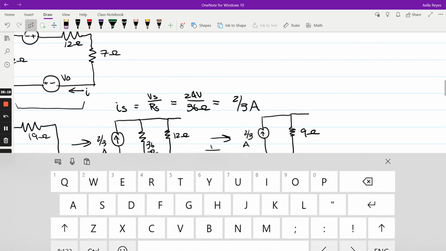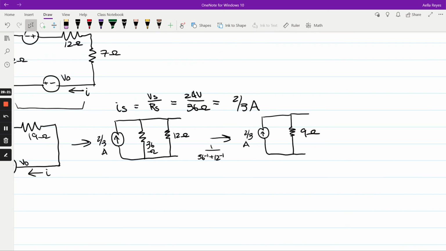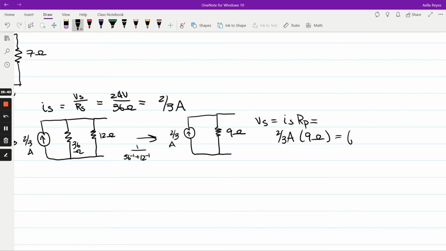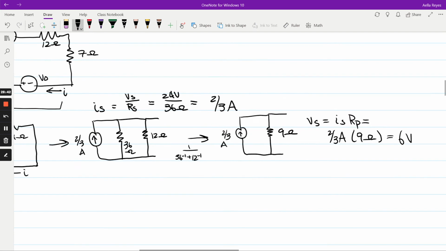We're going to find the voltage source by multiplying the current source times the resistor in parallel, which is 2/3 amp times 9 ohms, which is 6 volts.